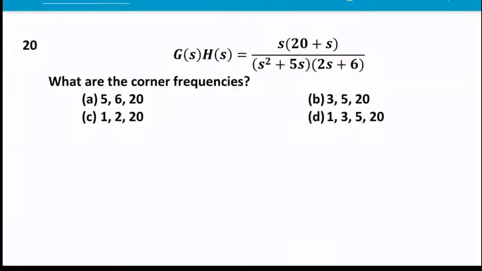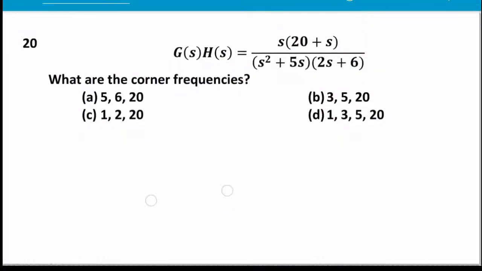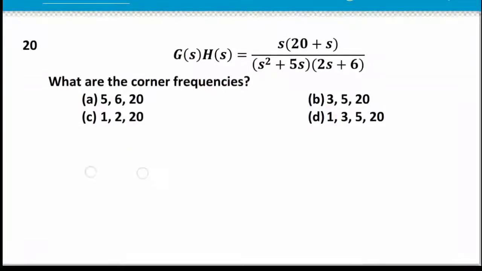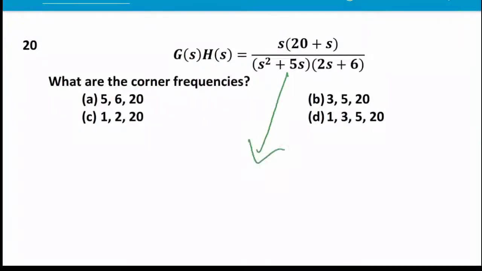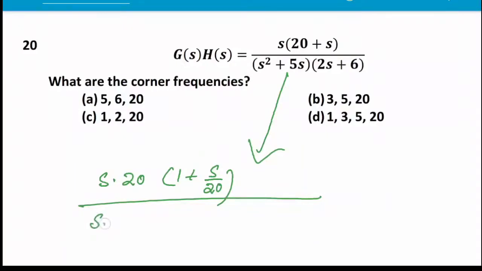Next question: G(s)H(s) is given, and what are the corner frequencies? This is a very easy question. Here we have to convert this to standard form, that is s into, I am taking 20 common, 1 plus s by 20, and in the denominator I am taking 5 common, so s by 5 plus 1, and here I am taking 6 common, this will be s by 3 plus 1.